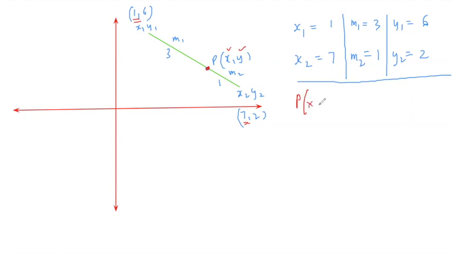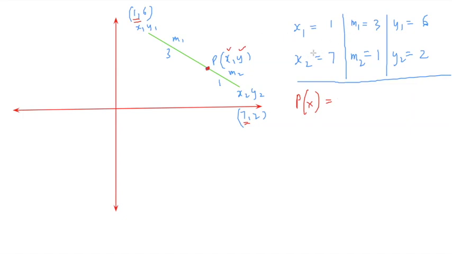So P of x is M1, X2. So if you write it this way, right? If you write this part in this way with x1, x2, then followed by m1, m2, lastly y1, y2, there's a nice little pattern that you can remember.